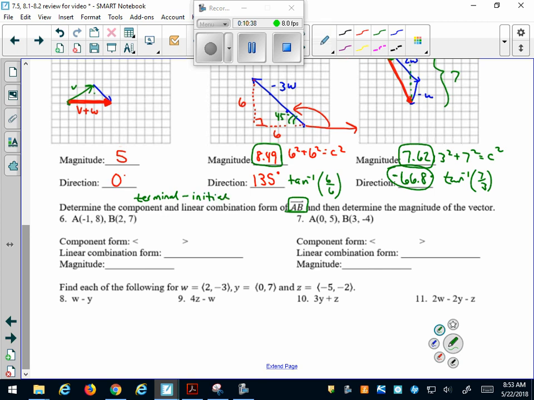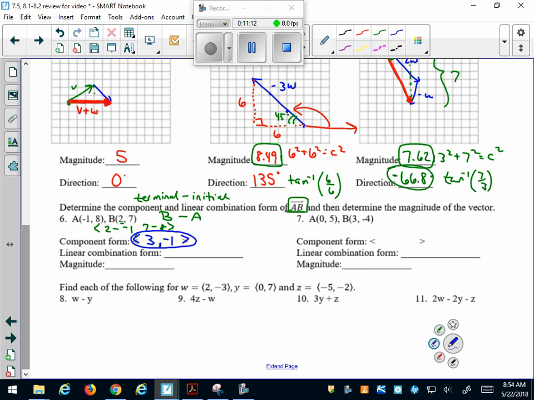So in this case, it's going to be B minus A. So to get the x coordinate of our component form, we're going to do 2 minus negative 1. And then to get the y, we're going to do 7 minus 8. So 2 minus negative 1 is 3. 7 minus 8 is negative 1. So component form is 3, negative 1 with the angle brackets like that.